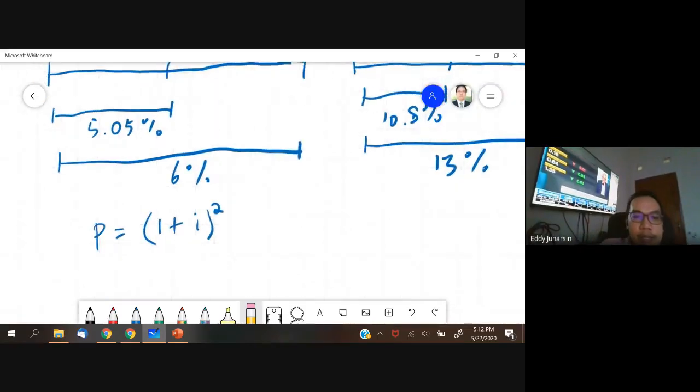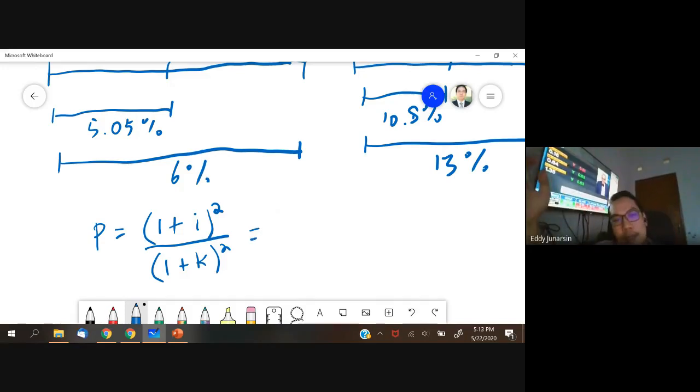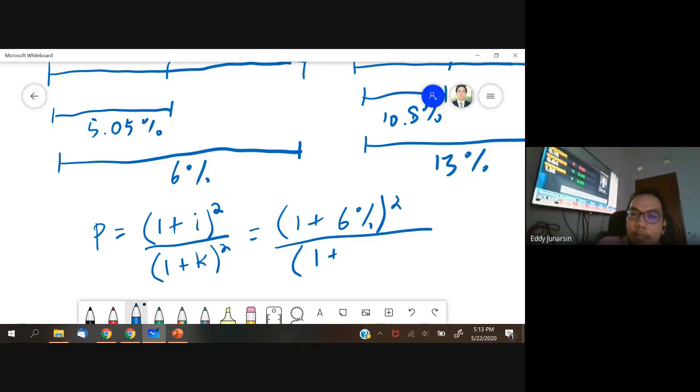And similarly here, 1 plus the corporate bond, also 2 steps, right? Because it's like a 2-year maturity. So 1 plus 6 to the power of 2, 1 plus 13, to the power of 2.